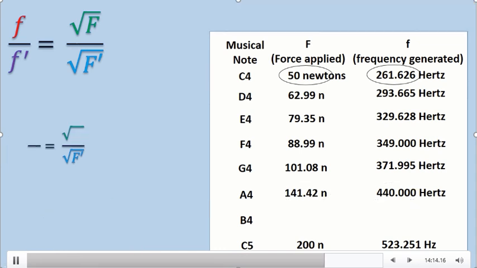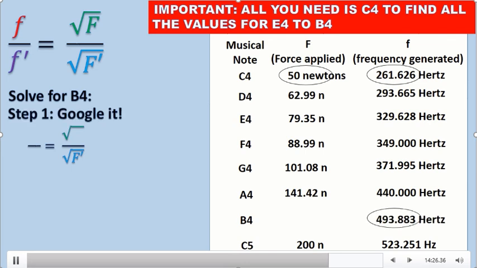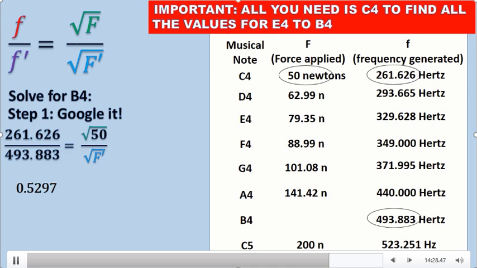I am reiterating here that you need only the data of C4 to find everything. As you can all see, it is possible to find multiple values using this formula, whereas, if you remember, we started with only one row of data. C5 was just auxiliary data.